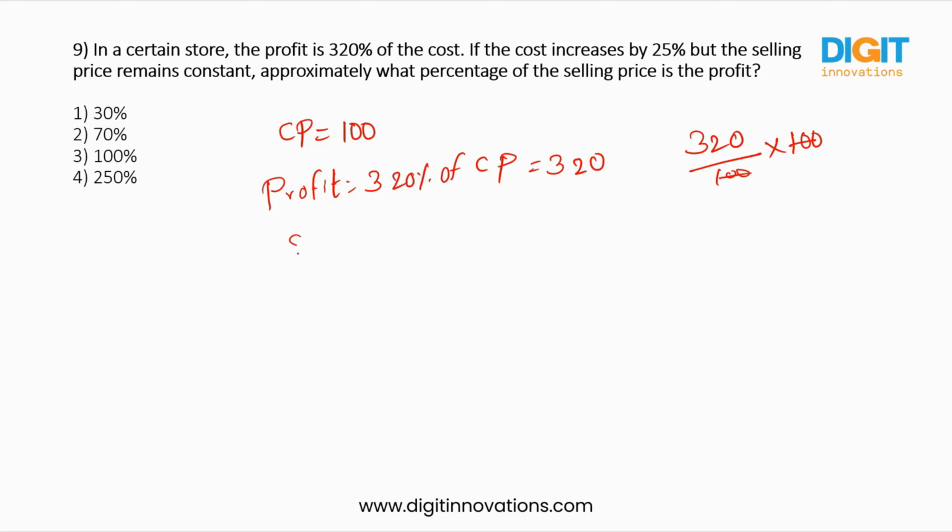So selling price would be 420. How? Cost price is 100 and profit you got is 320. So selling price is nothing but cost price plus profit, right? So you bought it for 100 and by selling it you got profit 320 extra. So total it is 420.